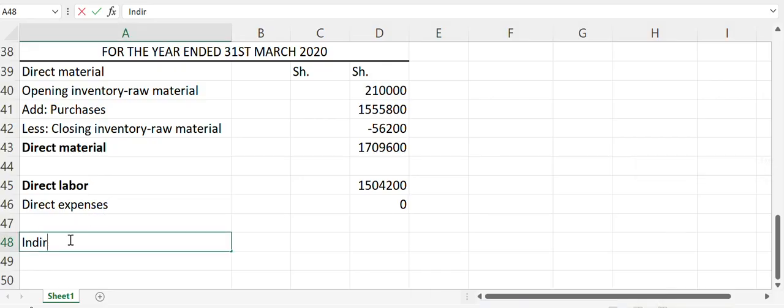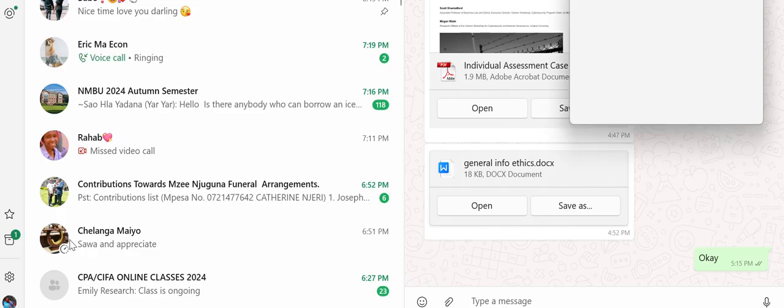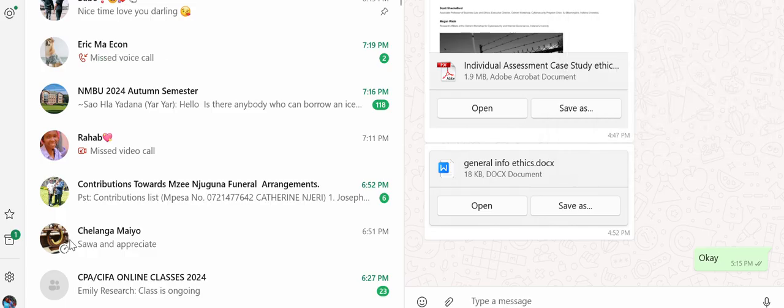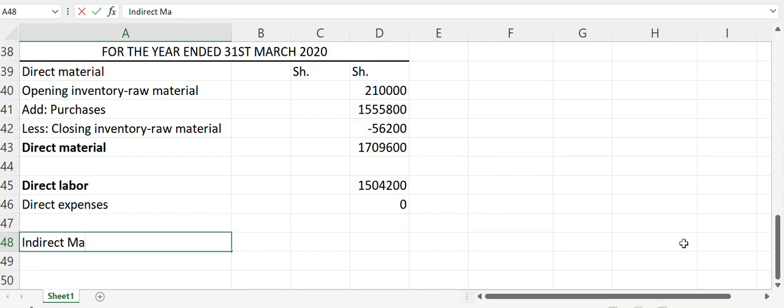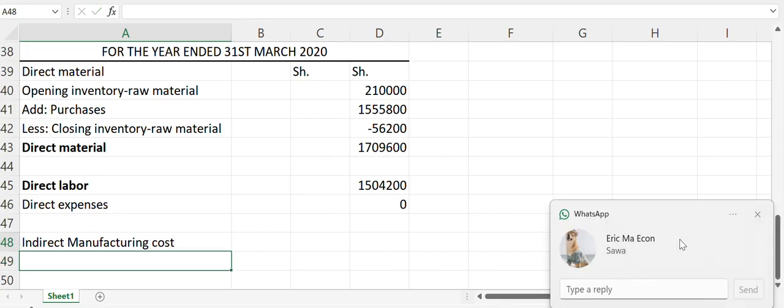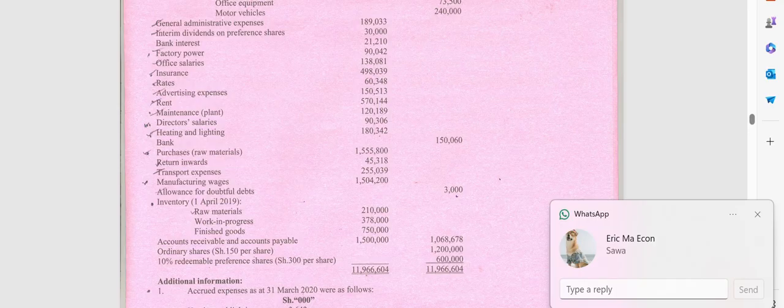So we have indirect manufacturing cost. We have a good number.